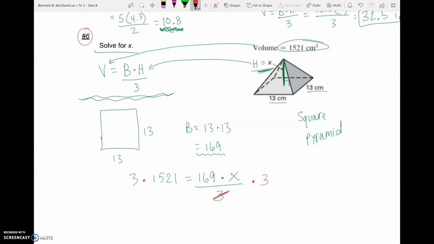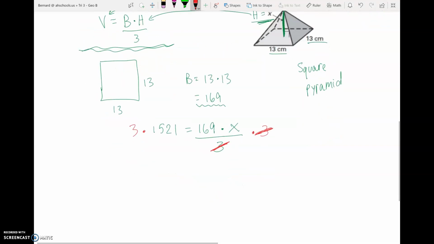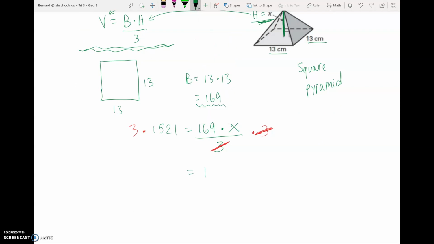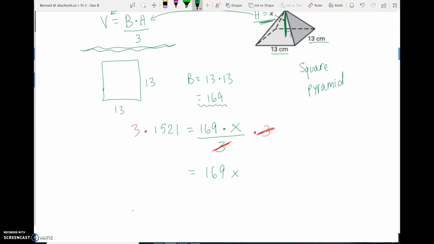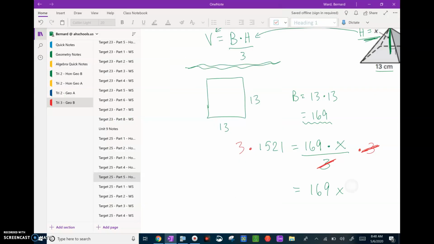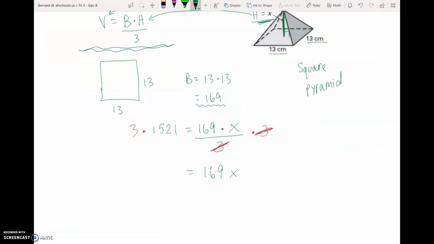We'll cancel this fraction. That'll go away. So on the right side, we are still left with 169x. But then on the left, we'll do 3 times 1,521. That equals 4,563.